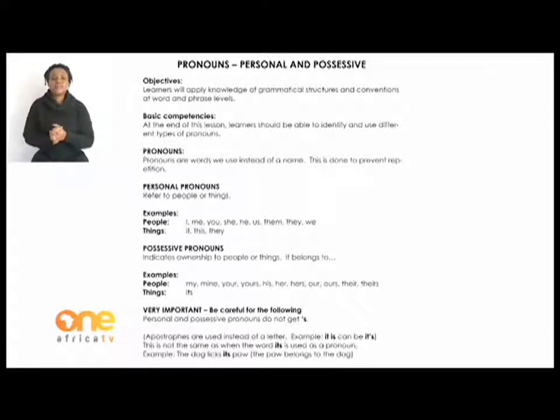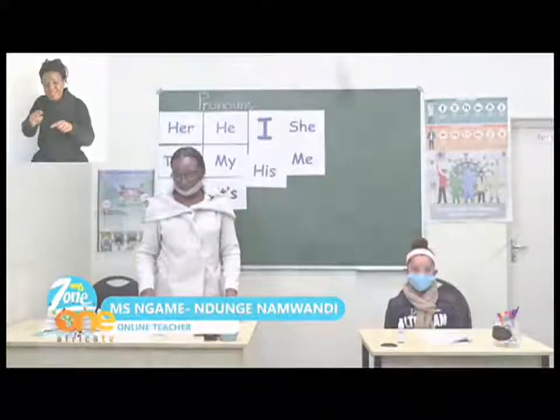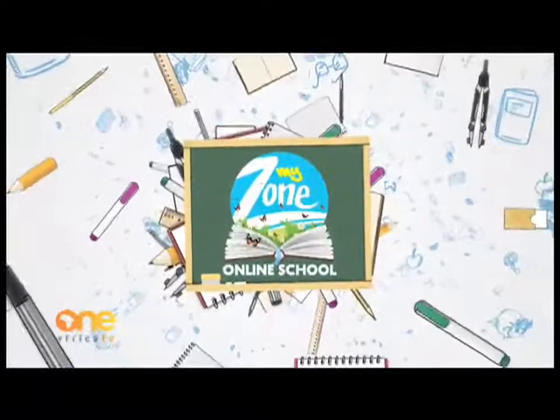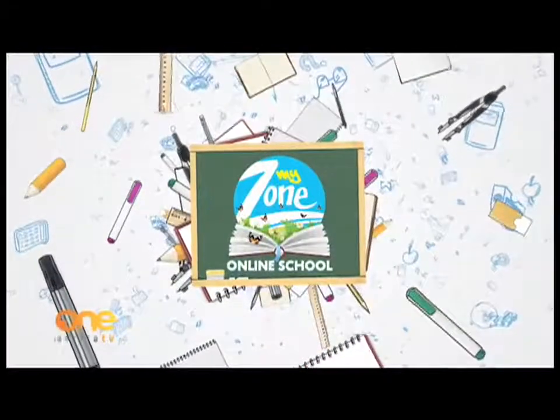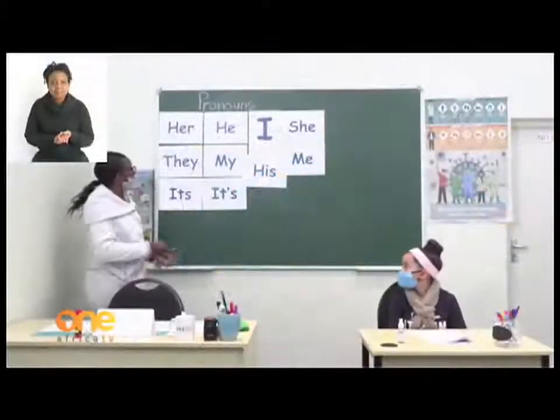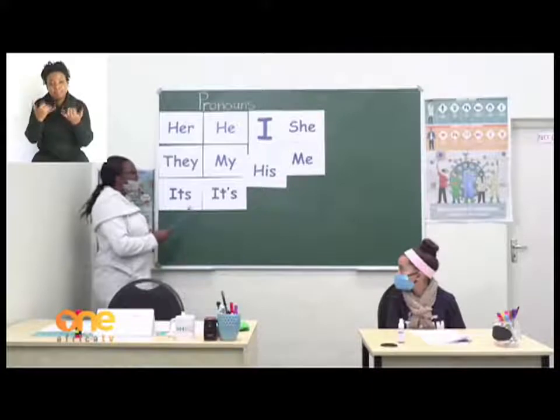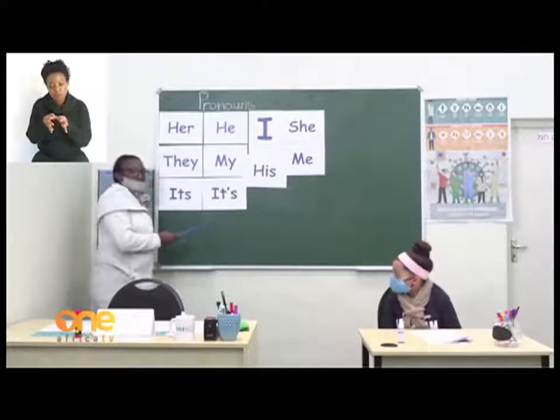Now, very important, I just want to make something very clear, because we confuse it with an apostrophe and it with belonging. Now, let us look on the chalkboard. I'm going to explain the difference between the two.